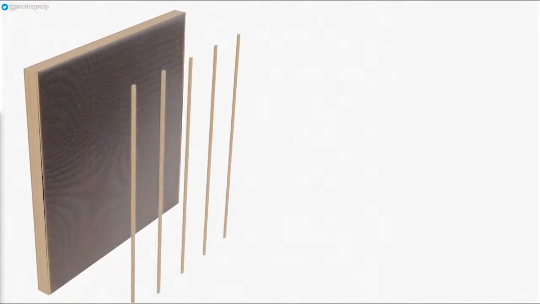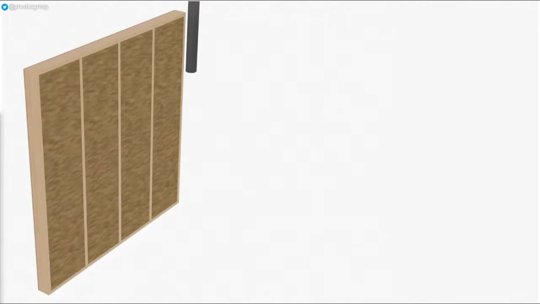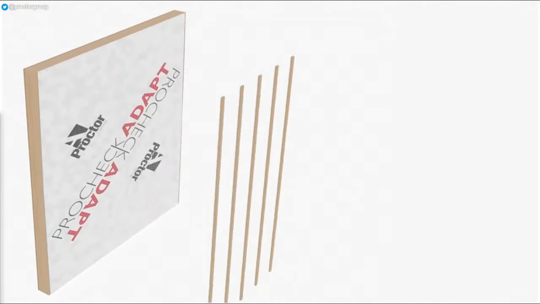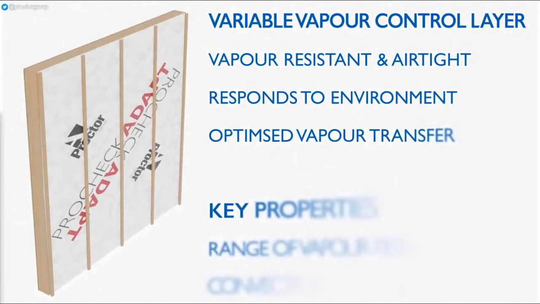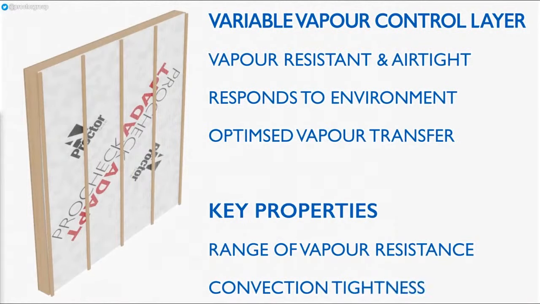Although moving the air barrier layer externally represents a more dependable solution to minimising air leakage, control of vapour movement by diffusion is still important and must be carefully considered and managed if necessary. At the same time, it should be ensured that structures are able to dry out effectively in all conditions, and in such cases, variable vapour control layers such as our ProCheck Adapt have an important role to play in highly airtight constructions.